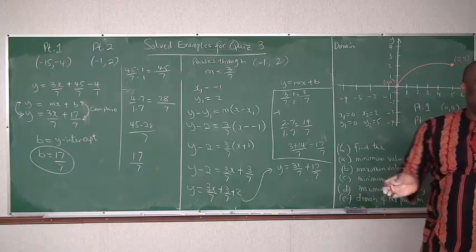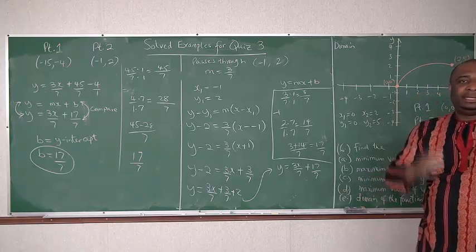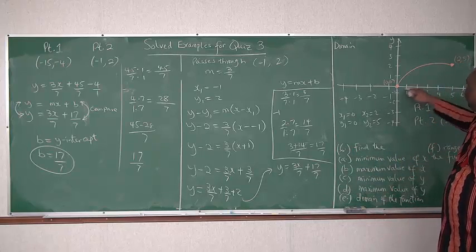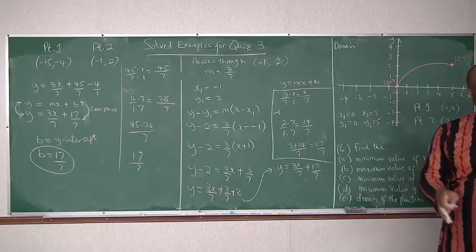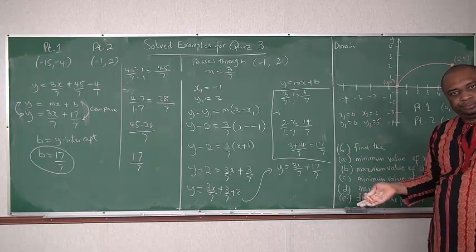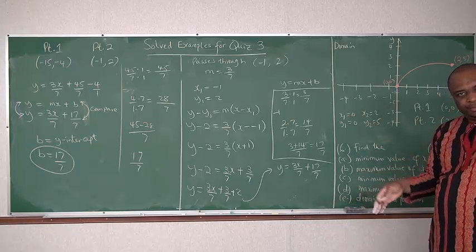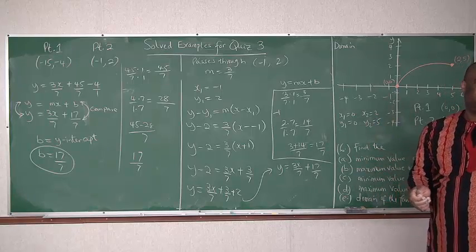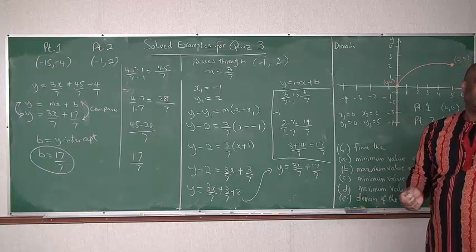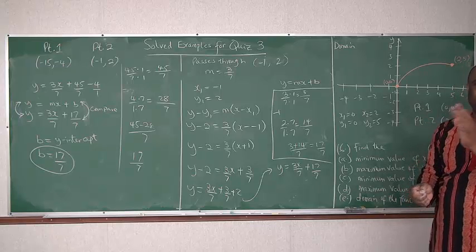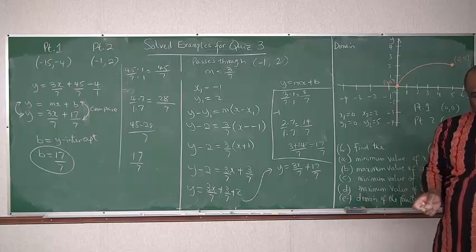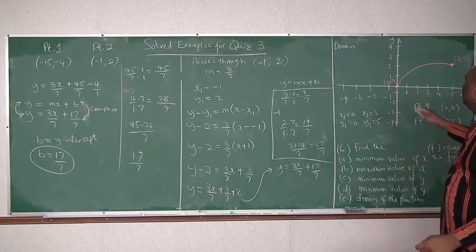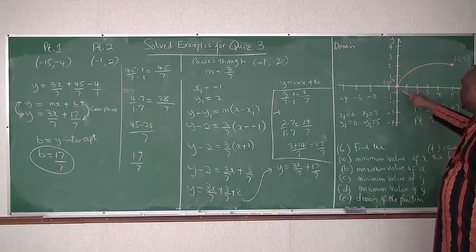If it was an open circle, then it would not include 0 and 2. But this is a shaded circle, so it includes 0 and includes 2. That is the domain, because it's all the x values. Please view the videos I did on relations and functions. So you understand the linear functions, and then you understand domain and range.